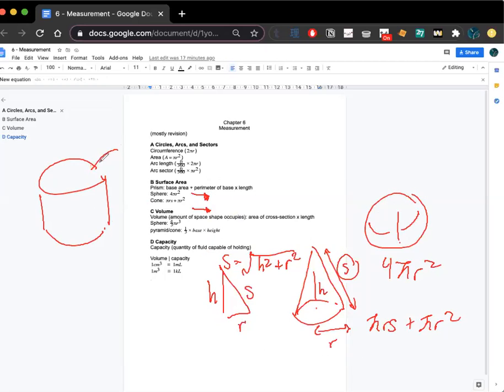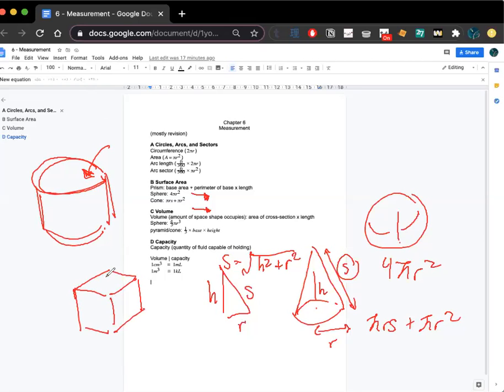So you have to pay attention to that and make sure that you exclude the base area of this particular shape, because they're not asking you to look for the base area, but rather only the sides of it.